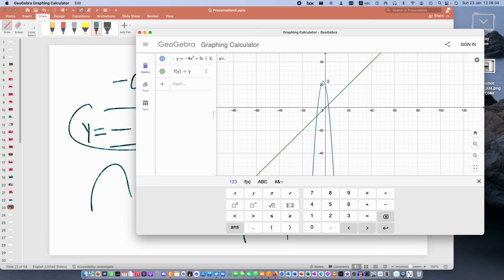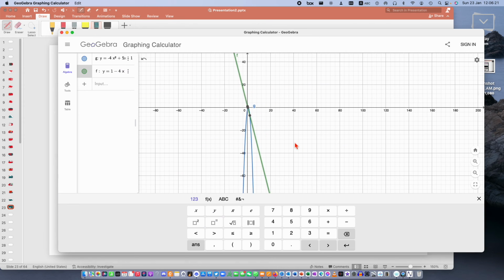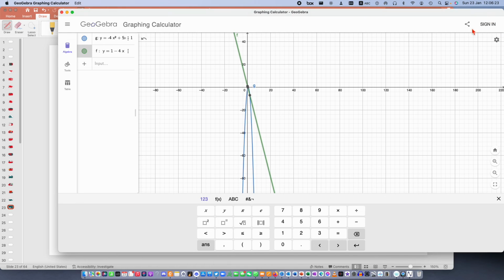Yes. Okay, what is the straight line? The straight line is 1 minus 4x. Yes. It's intersecting.